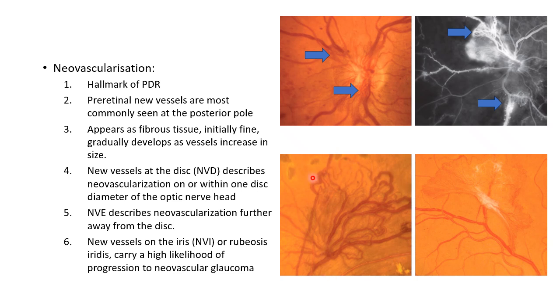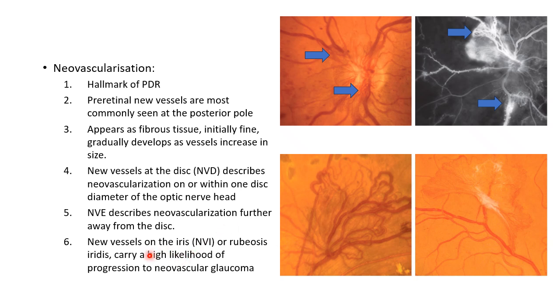Then this is neovascularization elsewhere, NVE. Okay, you see these are fine vessels which assume a frond-like configuration. So that's your NVE. And sometimes this NVE develops tractional fibrotic bands like this, which appear whitish.